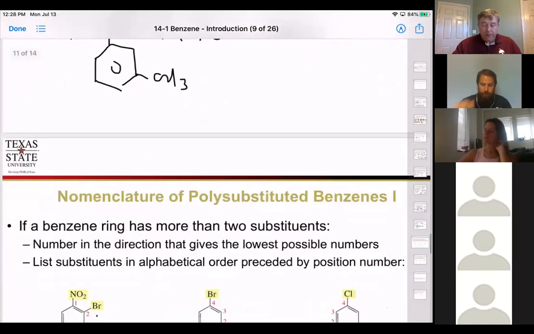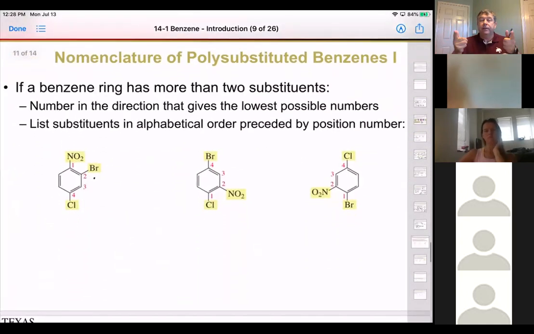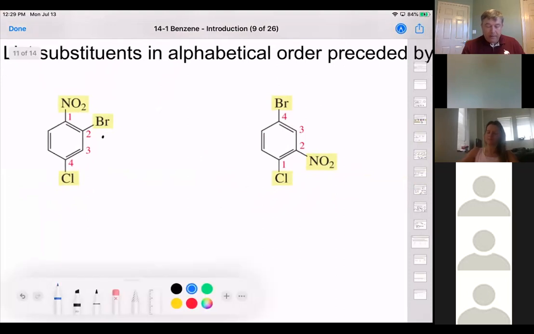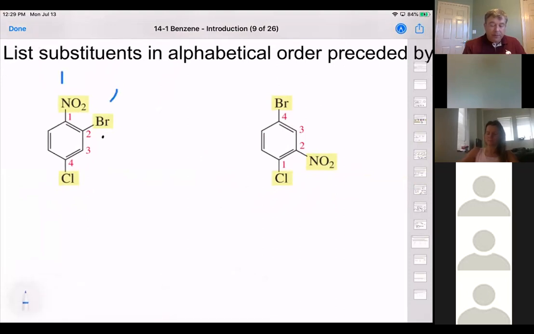So when we go to our trisubstituted, by the way, thank you for the setup, we have to think about, number one, is the ring named for a substituent? If the ring is not named for the substituent, we just try to do the lowest number possible. So in the case of our first compound here, we have a nitro group, a bromine, and a chlorine.